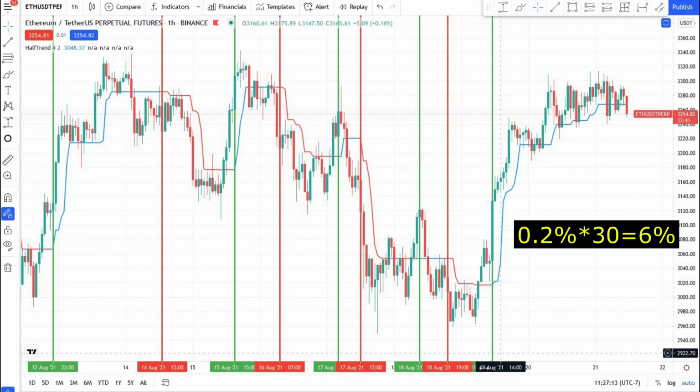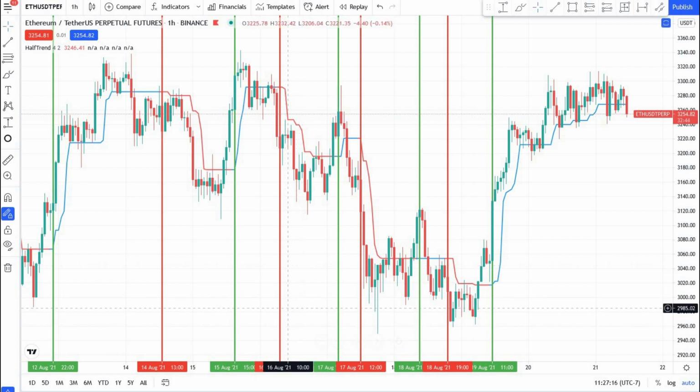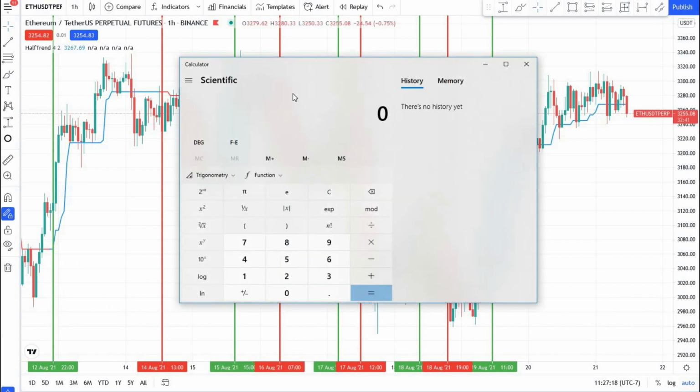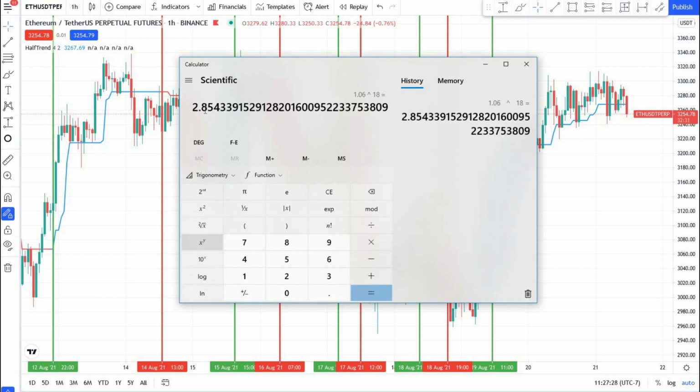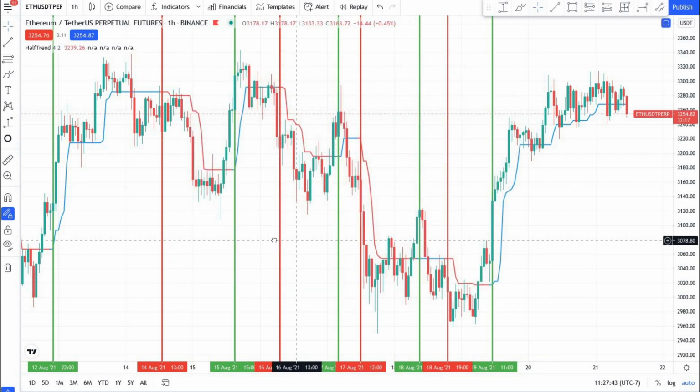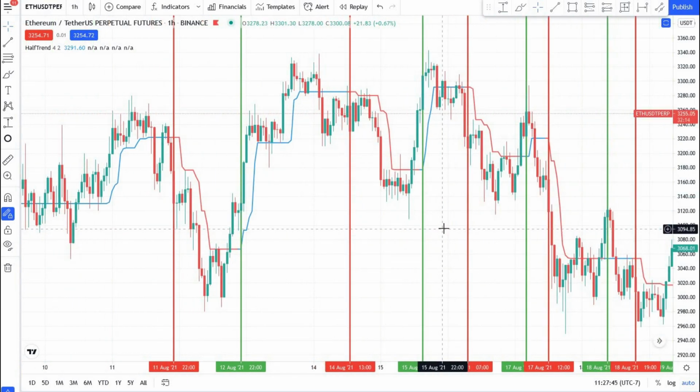This is 21 days, 18 trades. If all those trades were successful, I'm gonna have 6% to the power of 18, like 185% profit. It's crazy for 21 days. Lots of people look for 20% a month, but as I mentioned, you need to follow risk management and not put all of your money in one trade.